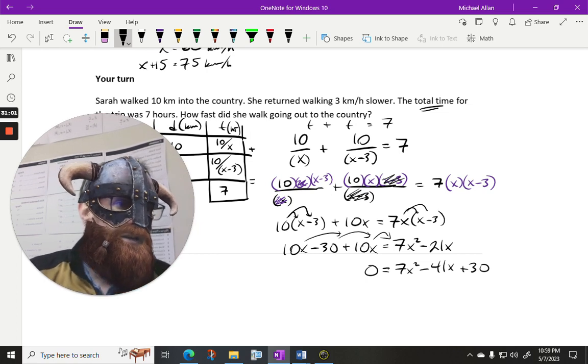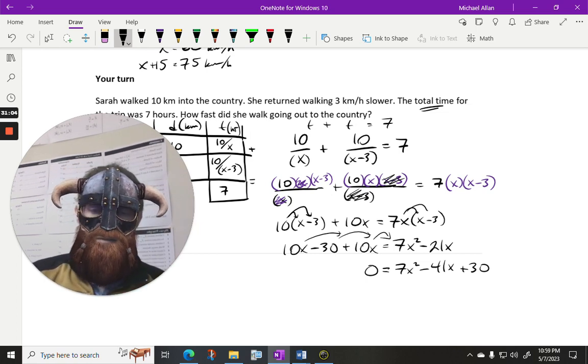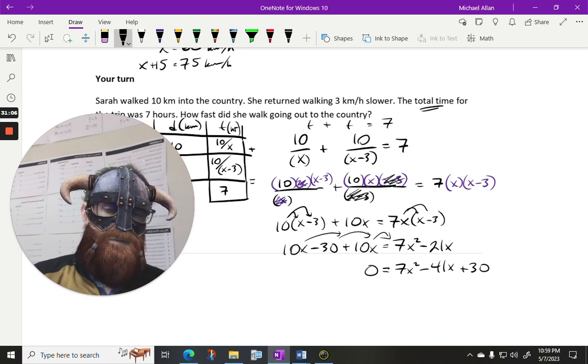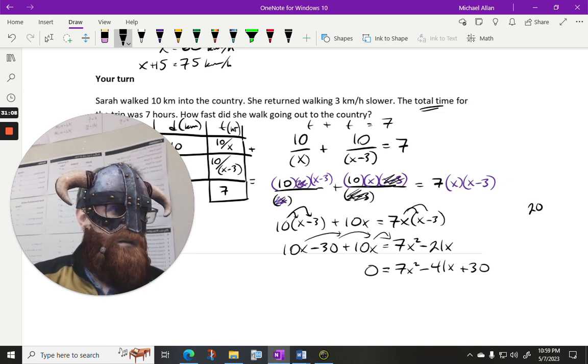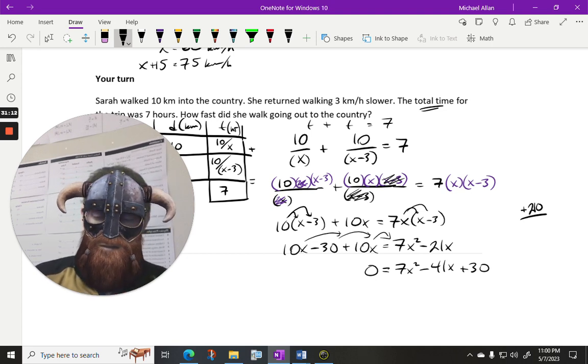So let's go through the factoring steps. 30 times 7, that's 210. What multiplies up to 210 and adds to 41? I'm just going to say divided by 2? Nope, that's not right. 210 divided by 5? Nope. 210 not divided by 4. Divided by 3?